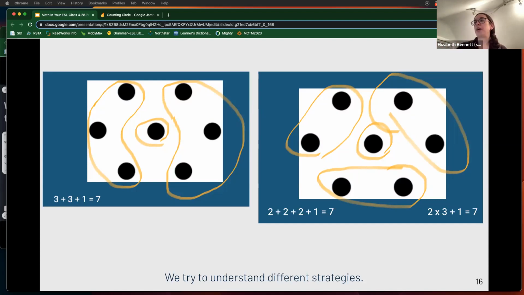So someone saw 2 groups of 3 plus that one in the middle to make 7. Another person saw 3 groups of 2 plus that one in the middle to make 7. And so we talk about how those are all valid, and all of us are learning from each other when we share our different solution strategies.